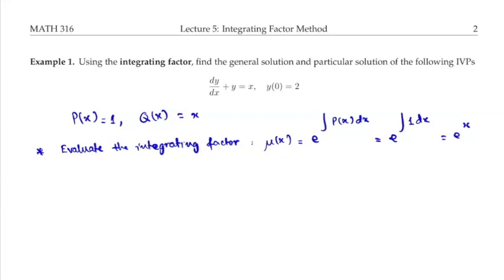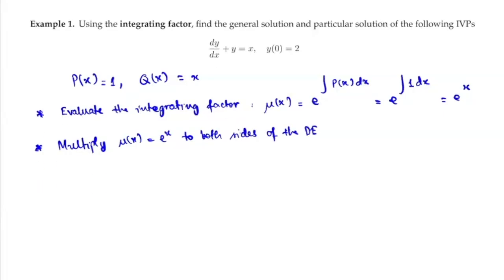Now you multiply the integrating factor to both sides of the differential equation. So multiply mu of x equal to e to the x to both sides. We get e to the x times dy/dx plus e to the x times y equal to x times e to the x.